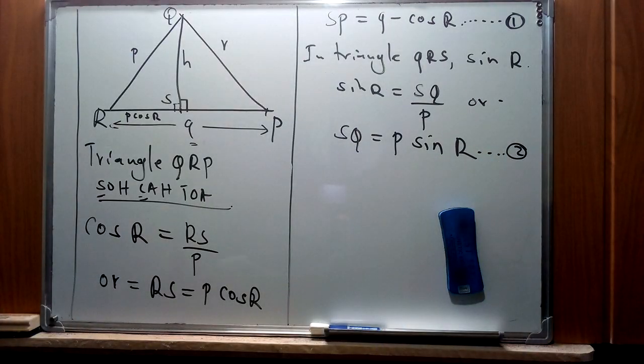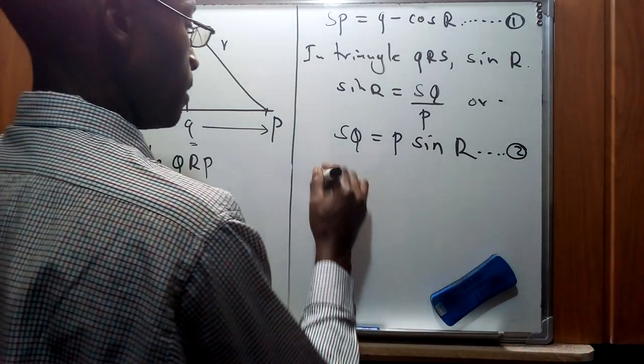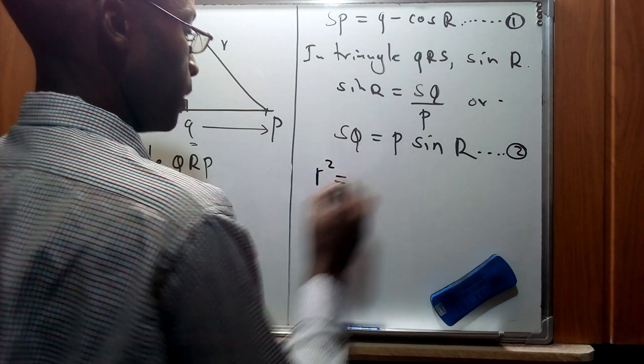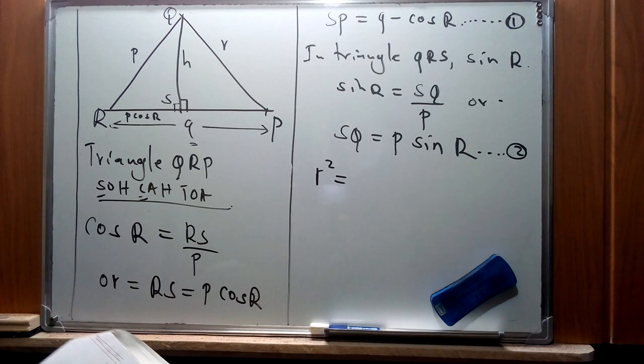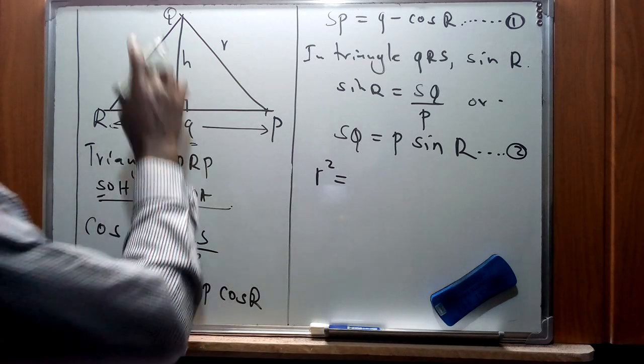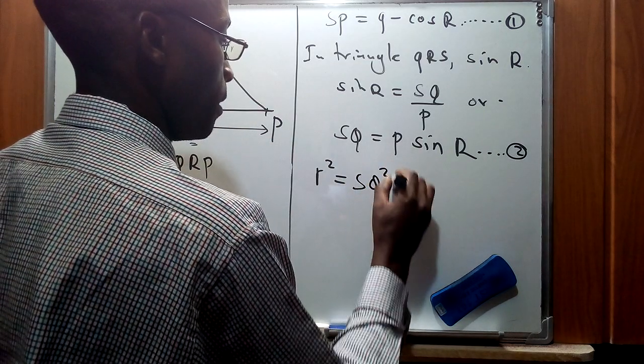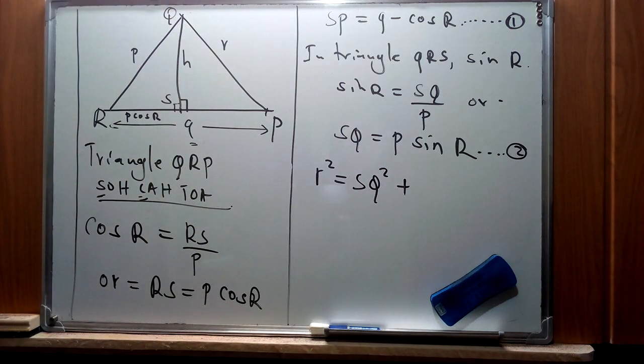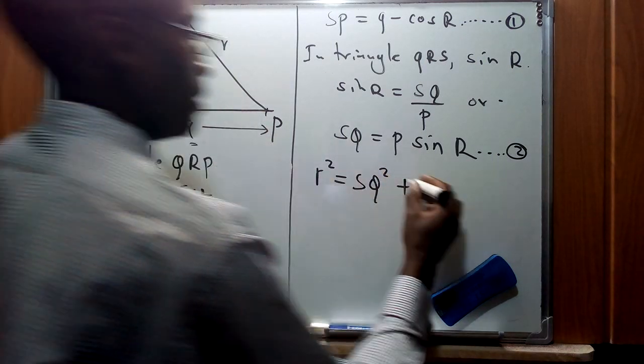And in that case, in the triangle QSR, we can apply Pythagoras theorem in order to find r. So how can we define r in this case? From the Pythagorean theorem, we can define this by finding r squared as SQ squared plus SP squared.